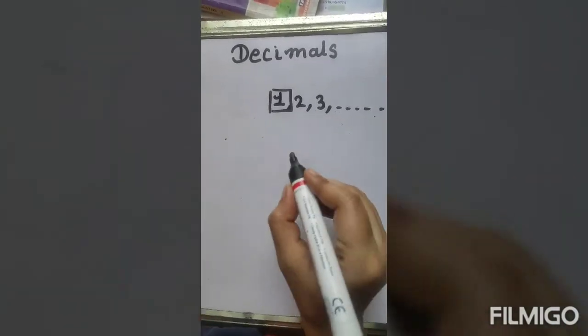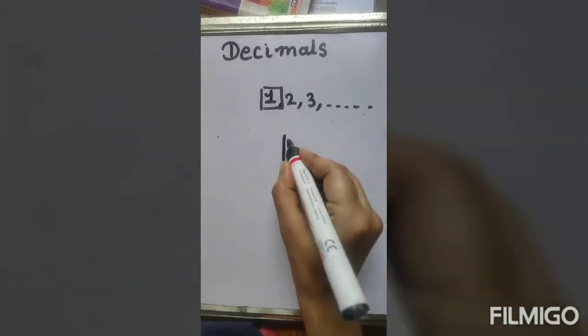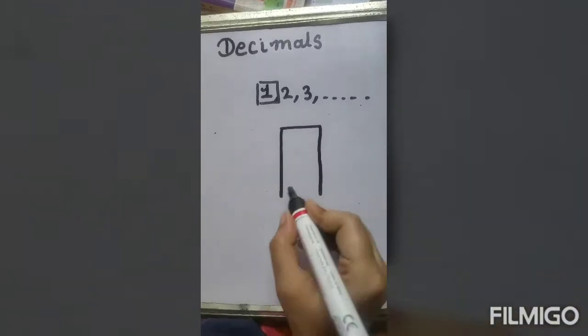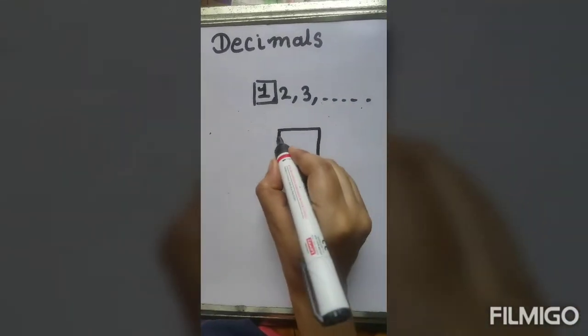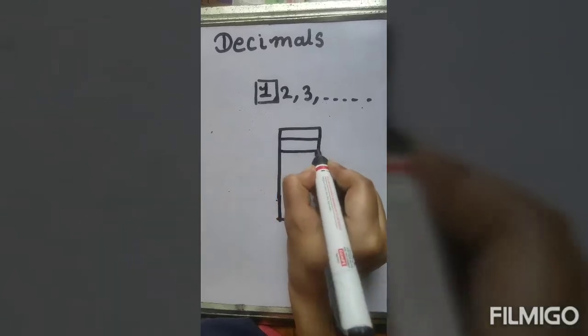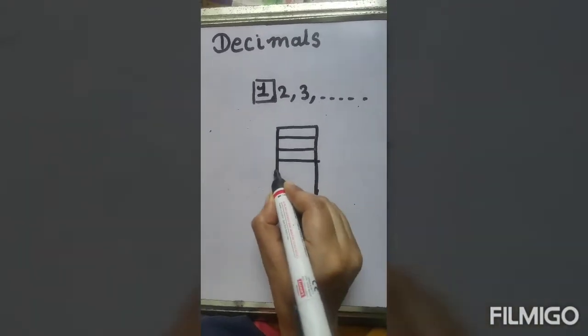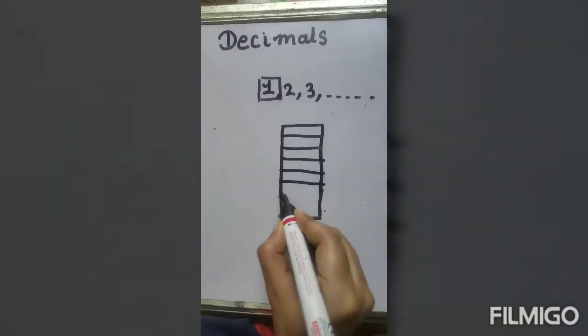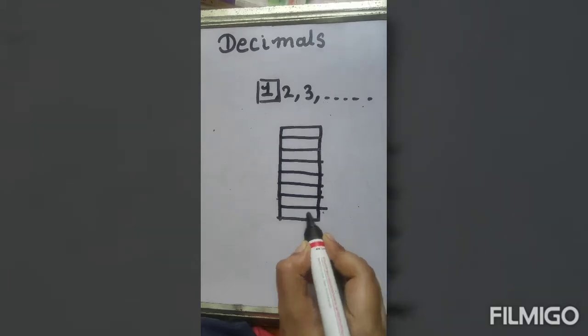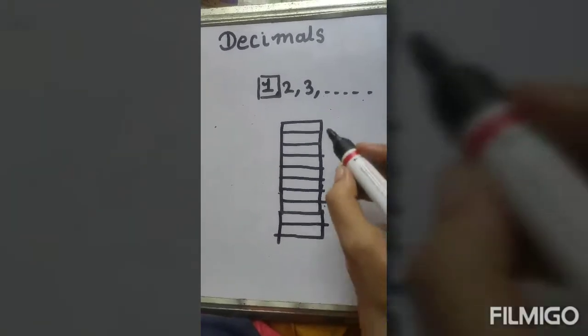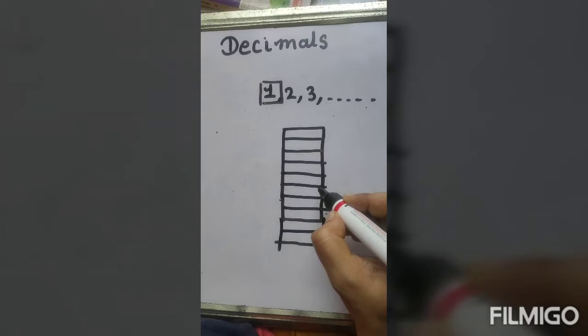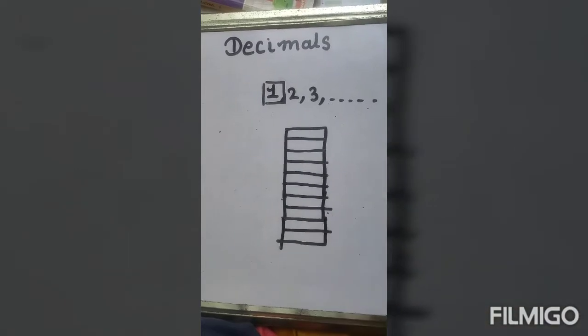Now, suppose you have a chocolate that is divided into 10 parts.